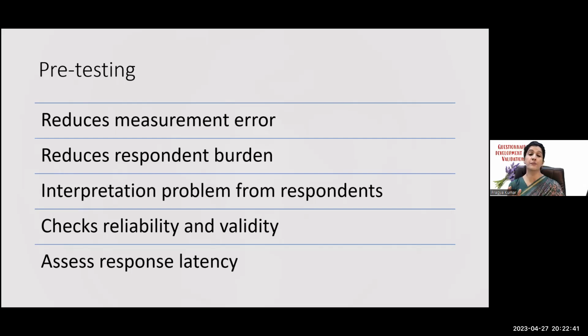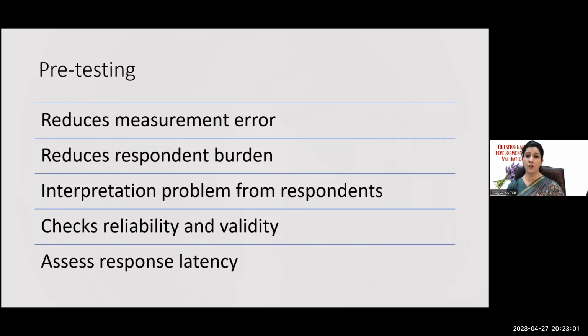That is the respondent burden. But again, as we will see today also, if you increase the number of items, the reliability increases. So there should be a balance between the respondent burden and the number of items you keep in your study.